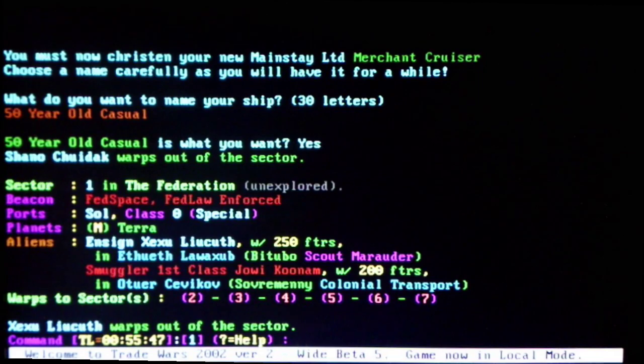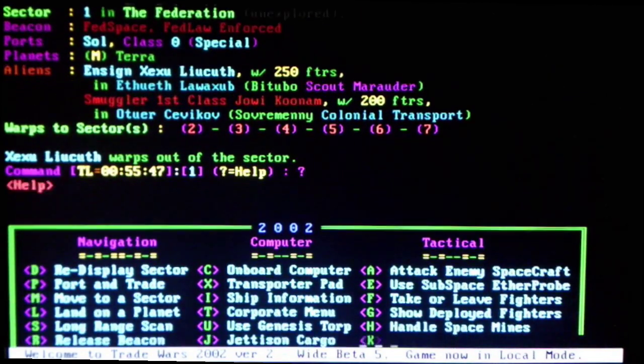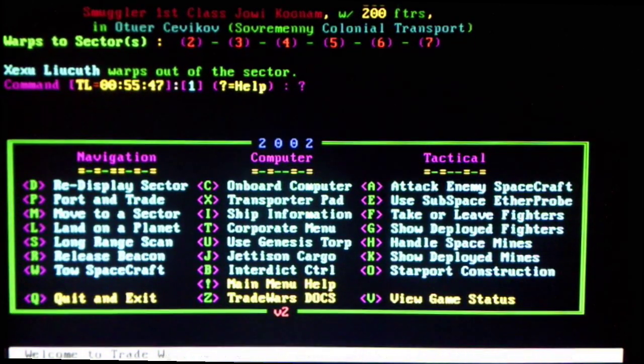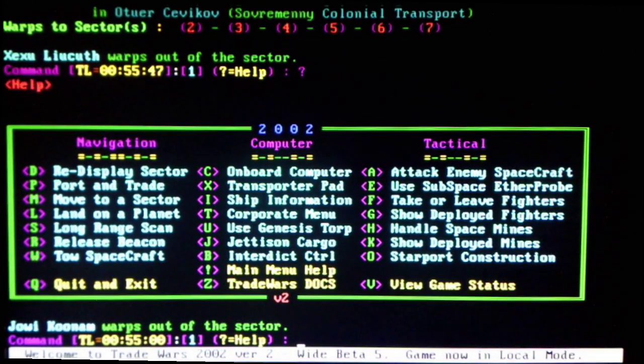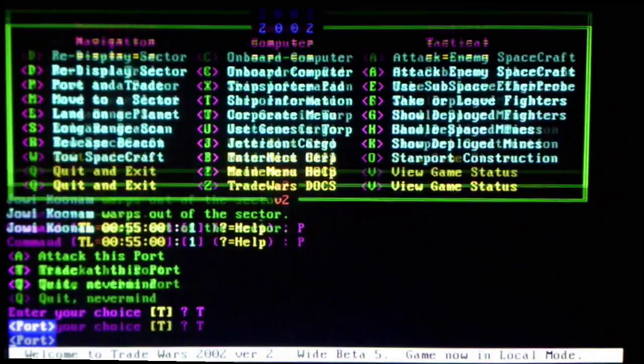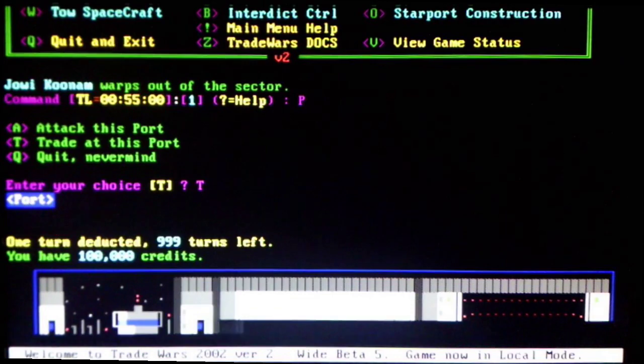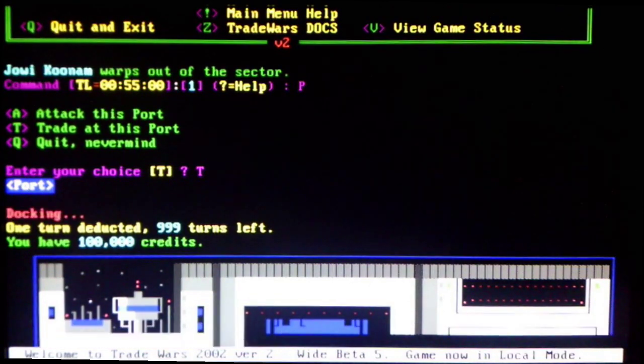So let's take a look at the help. Well, it is called Trade Wars, so let's port and trade. Since this is like the main port and I just got this ship, I'm not going to attack the port, but I'll trade. I have 990 turns left.